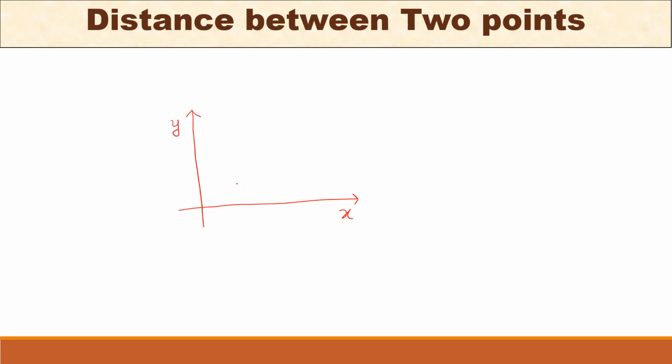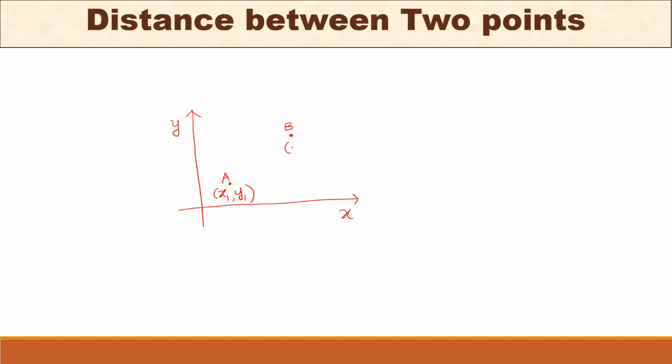Given 2 points, let the points be A and B. The coordinates of point A are x1, comma y1.